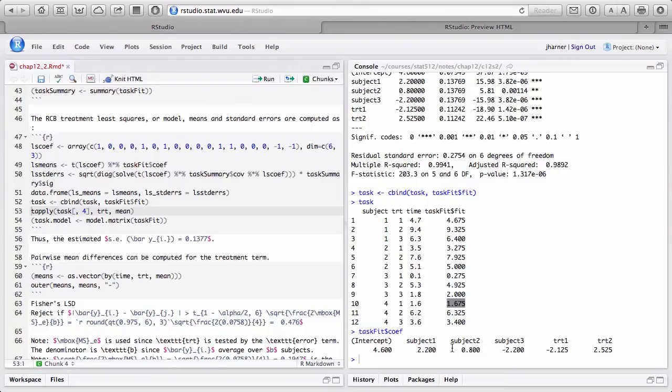Now in this case, that will equal taking this and adding it to this and adding it to this and adding it to this and dividing by 4. And that is because of the balance.